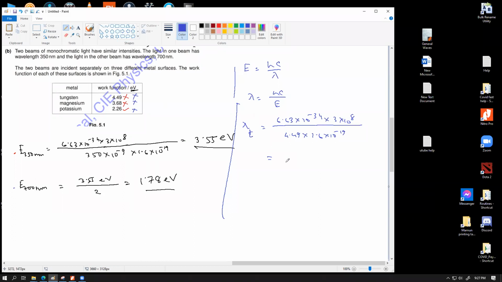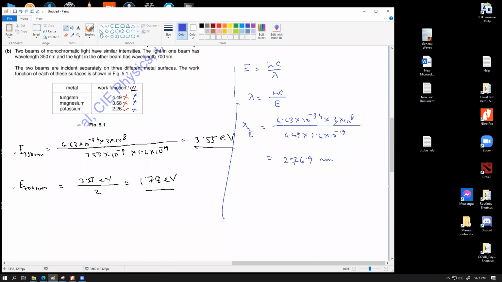Sorry, it's 2.769 into 10 to the power minus 7. Convert that into nano so that I can write this in nano, so have the 10 to the power minus 9. Press shift engineering, shift eng. It will shift your decimal. Sorry, then it's 276.9 nanometer.